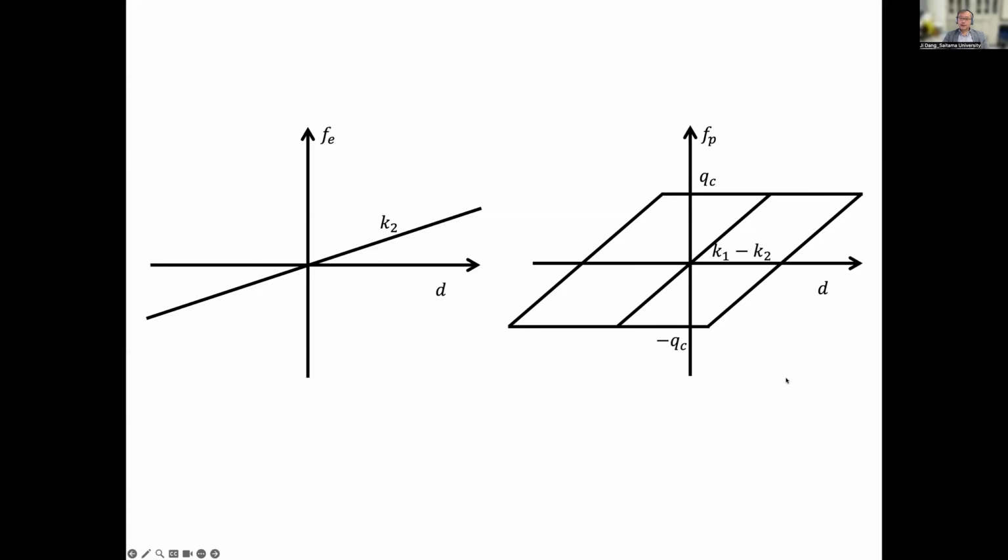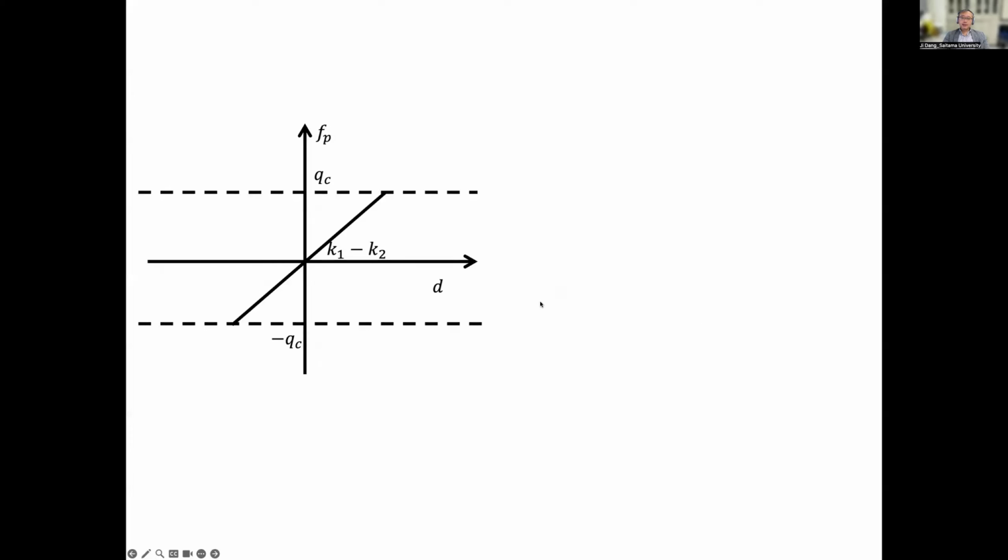So we focus on this one, and we see that in the beginning, we just calculate the elastic model, right? Elastic domain by K1 minus K2, the new elastic force. And here is our boundary of QC and minus QC. So for the perfect elastoplastic model, it never goes across the boundary.